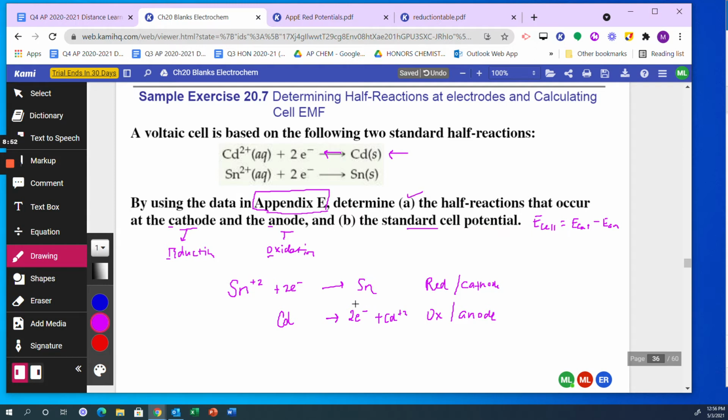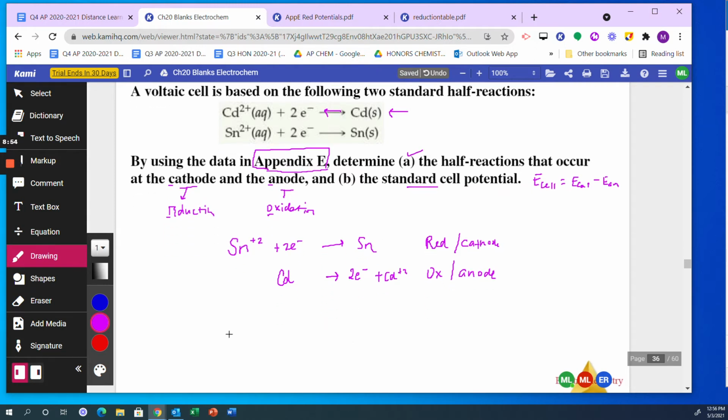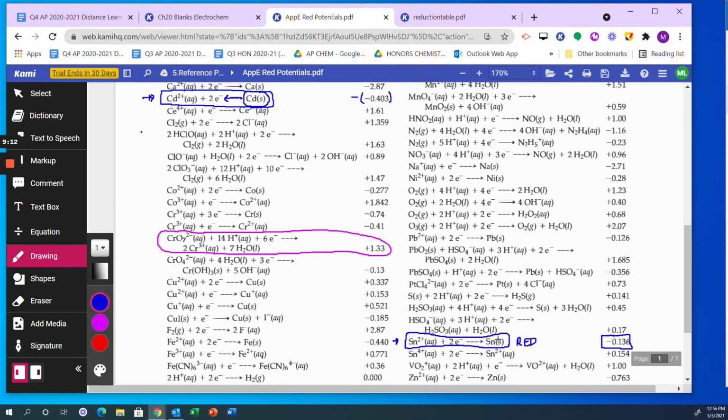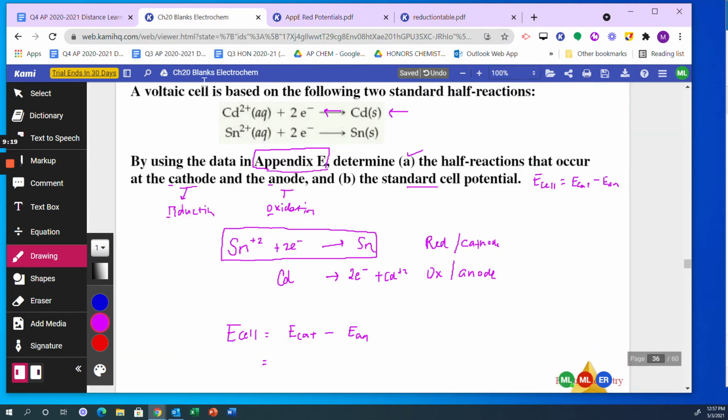Now for the standard cell potential, I'm going to go ahead and go E cell is equal to E cathode minus E anode. I'm going to look up the cathode half reaction, which is tin. Look it up in Appendix E, and that is negative 0.136 volts.